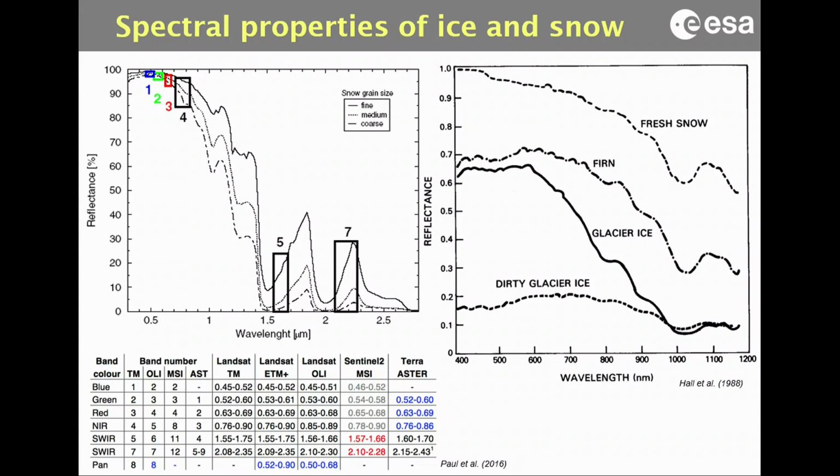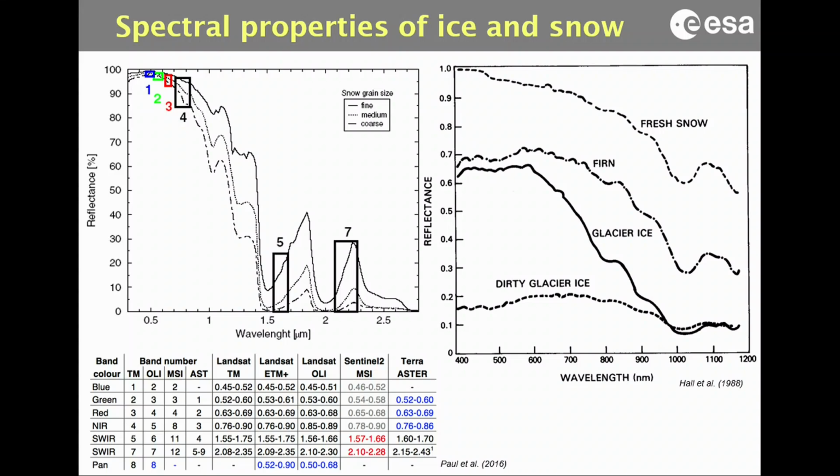You have here the table where the band numbers of the blue, green, red, near-infrared, shortwave infrared, and panchromatic bands of the different sensors are listed. This is just for your information. I have this also later on in my material for the exercises, but as far as I know, you will also get these slides, so you can look it up.